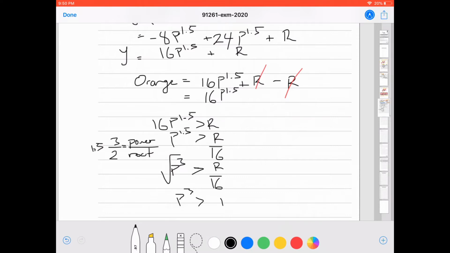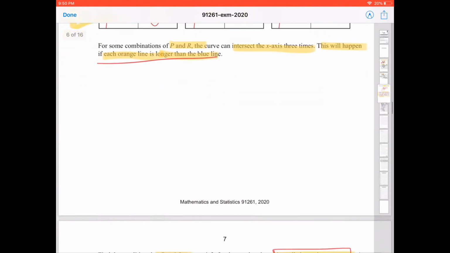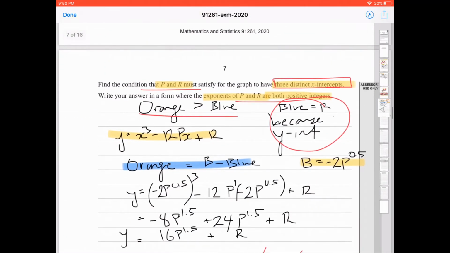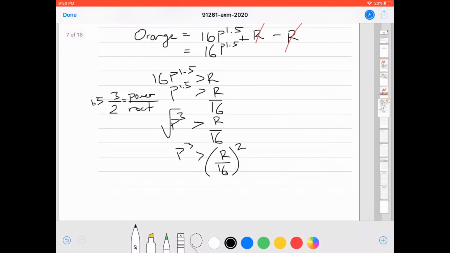Now, interestingly, the marking schedule doesn't take this any further. And I'm just thinking about the question. Exponents of p and r are both positive integers. I might have gone on and said p is greater than the third root of r over 16 all squared. I probably would have gone on and said that.